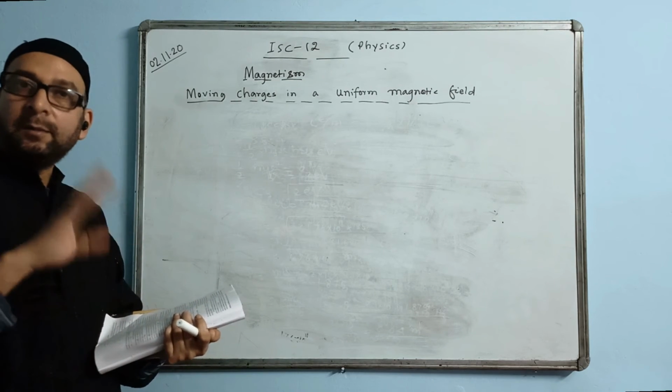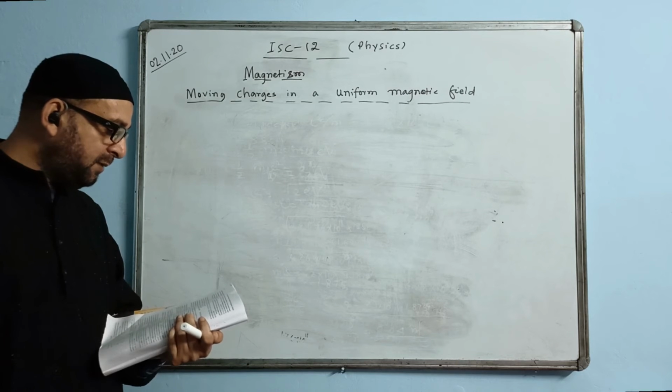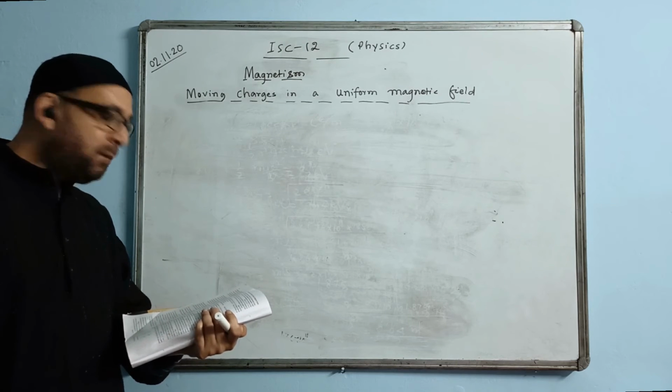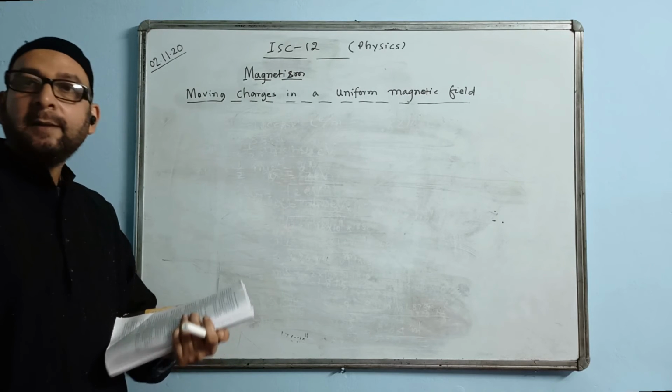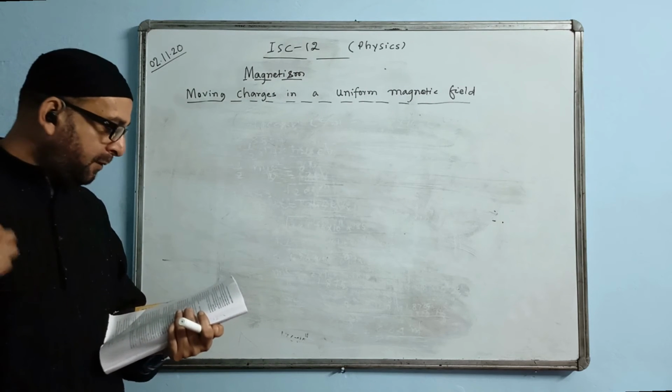A proton and alpha particle both are moving in a magnetic field with the same speed. Compare the number of revolutions they make per second.